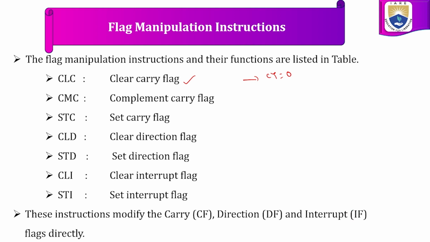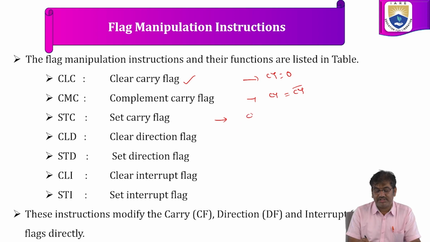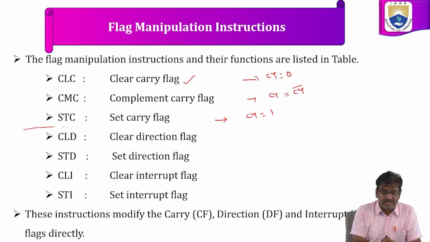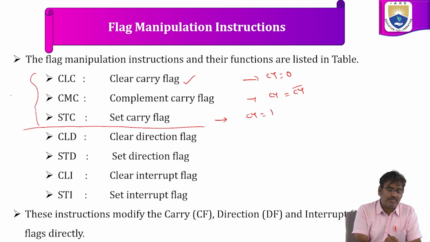If it is 1, it will be changed to 0. Next one is STC, set carry flag. After executing this instruction, the carry flag is 1. So these 3 instructions are used for manipulating the carry flag.